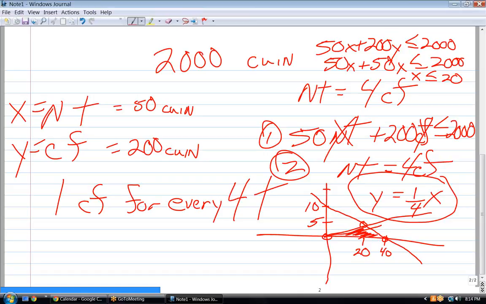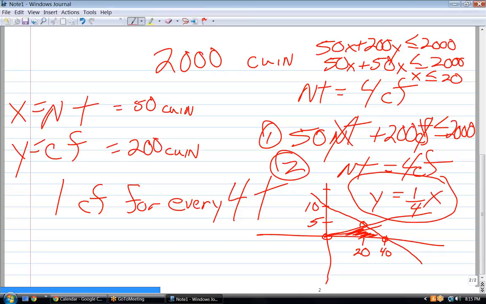So my objective function. Read the last sentence. He wants to put as many fish as he can. It's what is the maximum number of each type of fish that Finn can put in his aquarium.